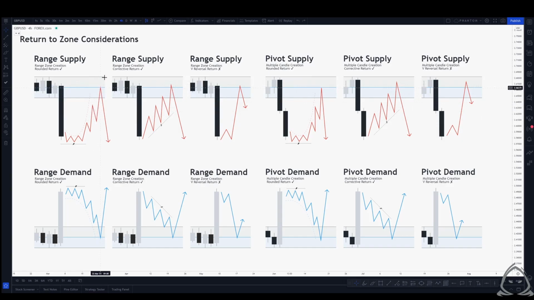This entices buyers to continue up and look to, in theory, break this range. But because we're entering a supply zone, we'd be pushing down, and that's why we get such a large, momentous move to the downside. The same is said where we get this sucker's rally to the downside. A lot of people look to jump in because what they see on their chart is price moving higher highs and higher lows.